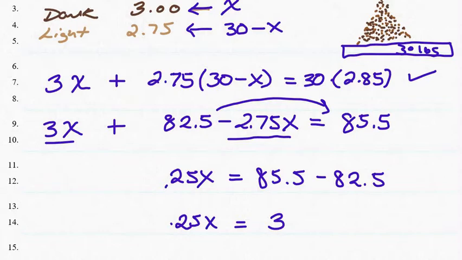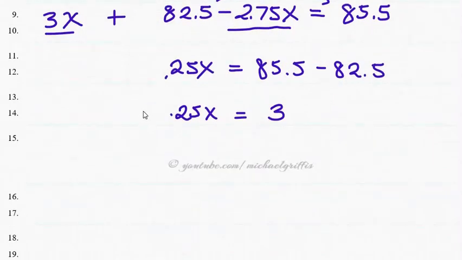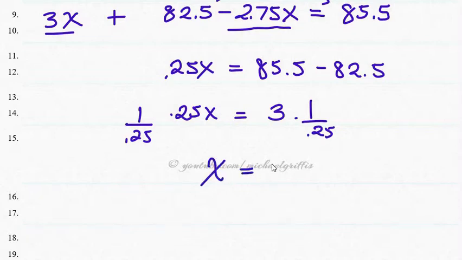And now we just multiply both sides by 1 over 0.25. That gives us x is equal to, that's 1/4, flip the fraction, 3 times 4 is 12. Okay, so x is going to be 12 pounds.